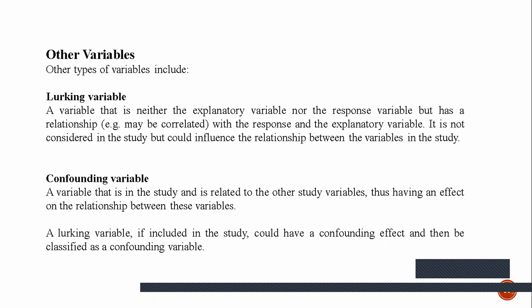For the lurking variable, it is a variable that is neither the explanatory variable nor the response variable but has a relationship, for example, may be correlated with the response and the explanatory variable. අර දෙකත් එක්කම correlate වෙනවා. එක ළඟ යනවා. It is not considered in the study but could influence the relationship between the variables in the study.